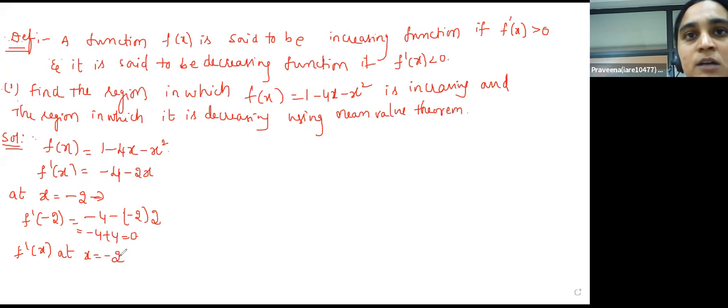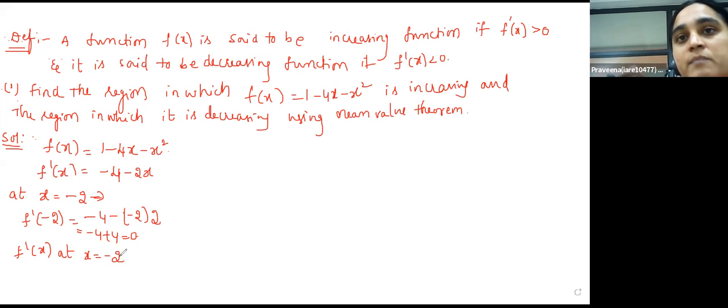Okay, this is not compulsory. Where f dash of x becomes 0, we don't need that. Now what we have to find out is when it becomes an increasing and decreasing function, we need to check. If you know f dash of x is 0 at a particular value of x equal to minus 2, maybe near that value only we get the increasing function and decreasing function. That means if x is greater than minus 2, in our case maybe it is increasing, or if x is less than minus 2, in that case maybe it is a decreasing function.